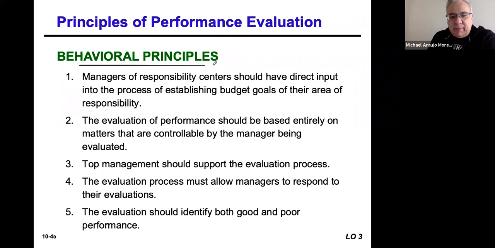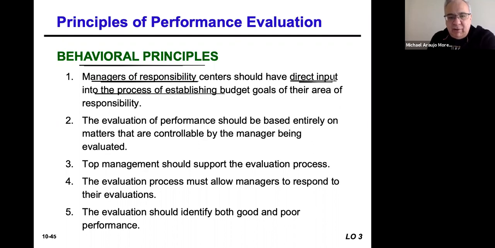Some behavioral principles that are included in organizations concern who has direct input into helping to establish budget goals. You want the managers of certain areas to be part of the process because they're ultimately going to be the ones who are going to be judged by that. So it's not fair to judge someone who had no input in the process and you didn't listen to perhaps some very, very good information that they had when you built your budget.